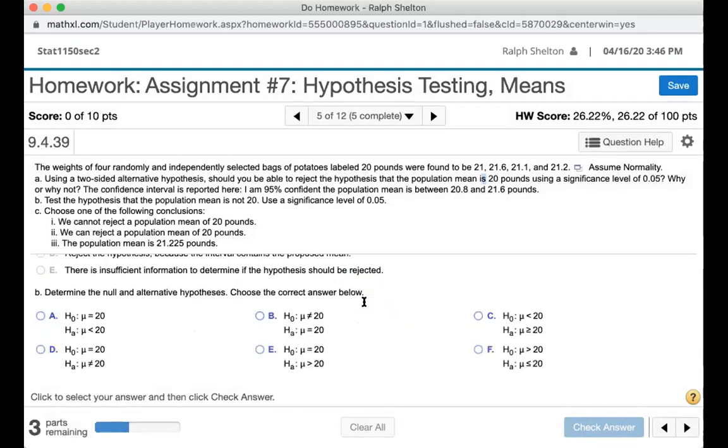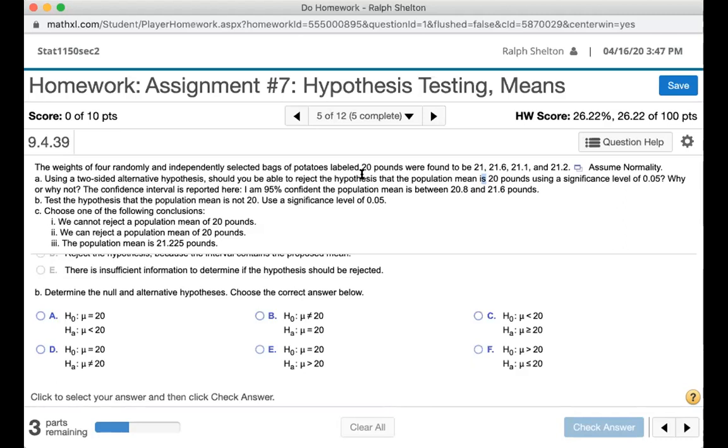Determine the null and the alternative hypothesis. The null is going to be mu equals 20, and for the alternative hypothesis we have to read it. It says using a two-sided alternative hypothesis, so it's telling us this is a two-tailed test. That means we don't know the direction; we just want to know if it's different from 20. It could be bigger than 20, could be less than 20, so we have to test on both sides.